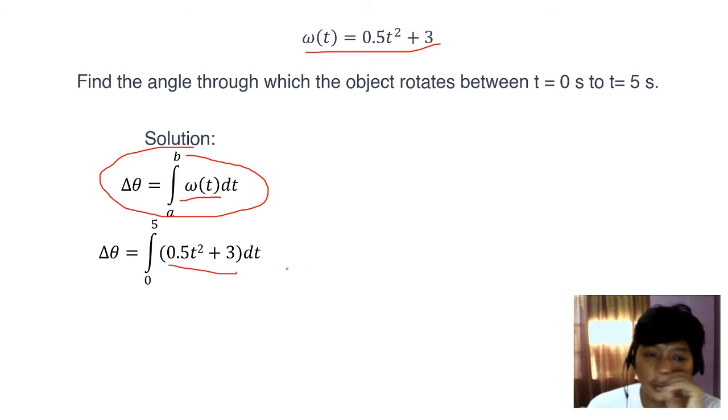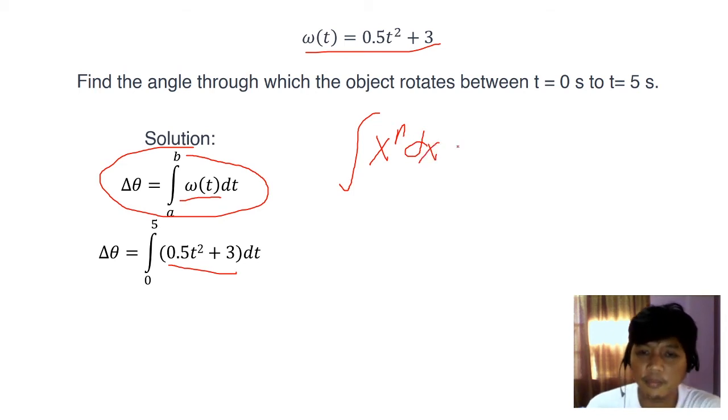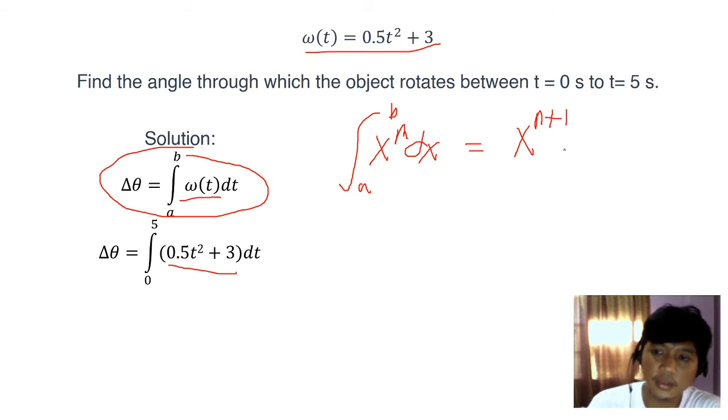So what are the rules of integration? We have this, I don't know the name of this rule, but if you have x to the n dx, maybe it's the power rule for integration, evaluated from a to b. The rule is, the integral, or the area, is x to the n plus 1. So it's the opposite of derivatives, where it was minus 1, but in this case plus 1.